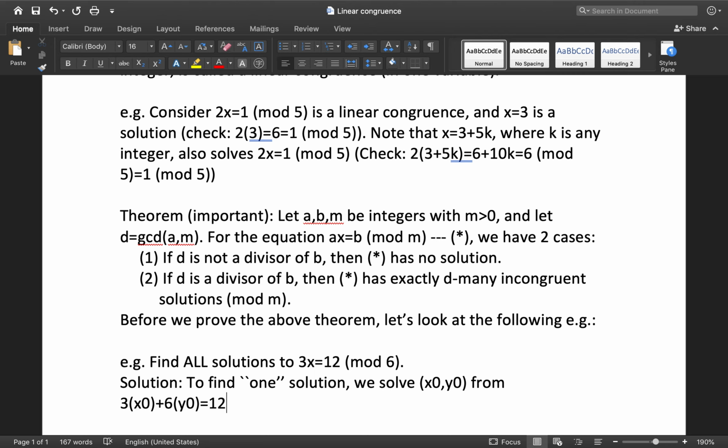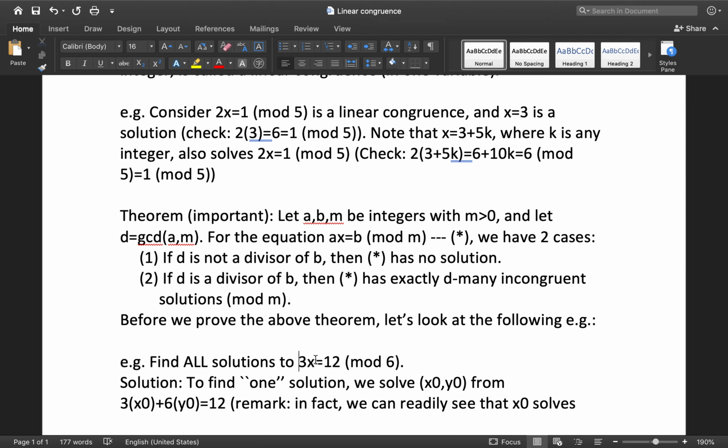And from that equation, x0 will solve your original problem. So this is a quick remark: we can readily see that x0 actually solves this problem.